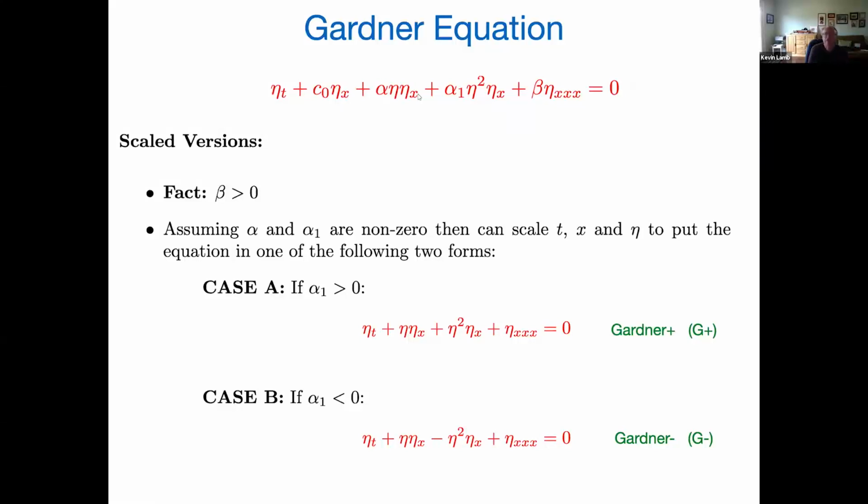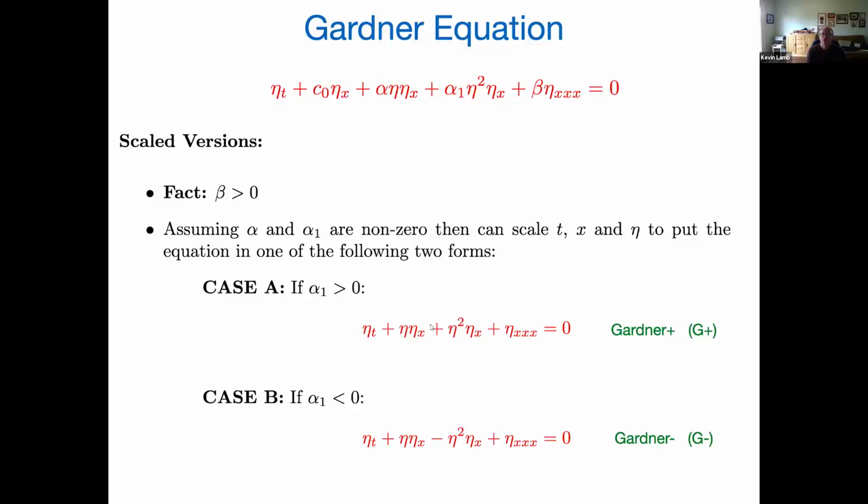Well, the sign of alpha 1 is very important. So here's the Gardner equation. As I've already pointed out, beta is always positive, and assuming alpha and alpha 1 are non-zero, then we can scale this equation to put it into one of the following two forms. So if alpha 1 is greater than 0, I get the Gardner plus equation, right?